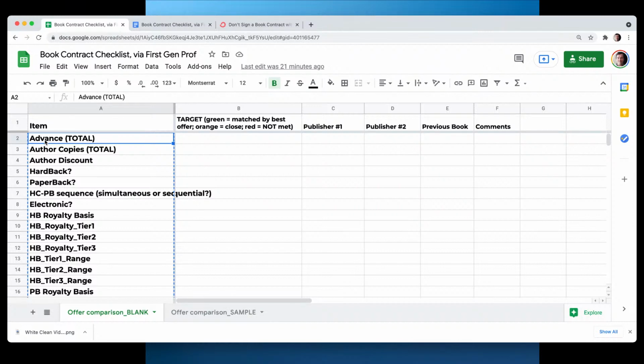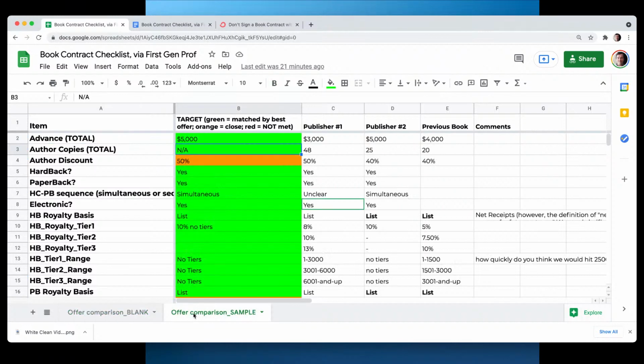So let's say that you're working through. I've created a sort of blank worksheet that you can use on your own, and then here we have a kind of pre-filled one. And in this scenario, I'm imagining that you have two different offers, but maybe you don't. So if you only have one, don't worry about publisher 2 or publisher 1. But we're going to try to enter in the information that we're receiving from each of these.